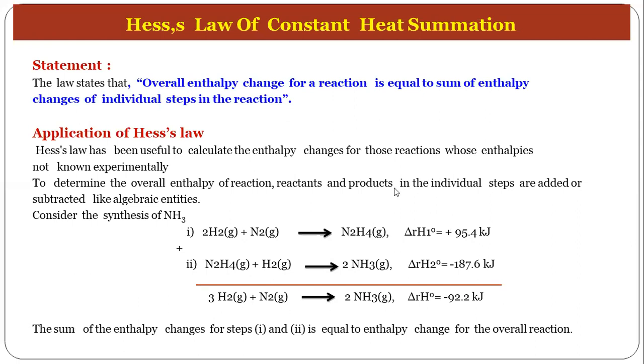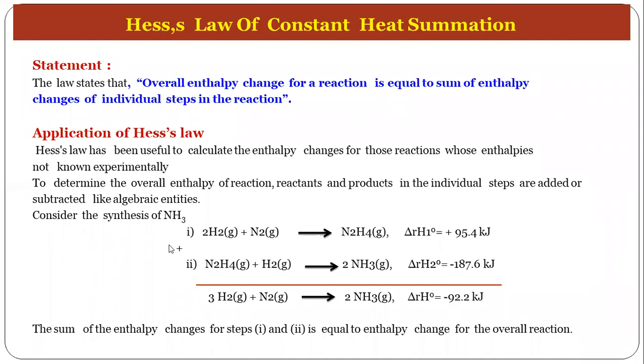In another way we can describe this Hess law: the path is not important in case of Hess law. If A gives product B, and if the reaction takes place in several steps, first step, second step, third step, the final enthalpy is the addition of the first step, second step, and the third step.